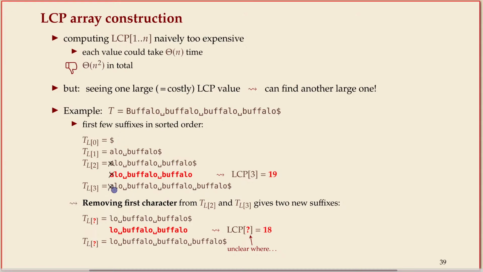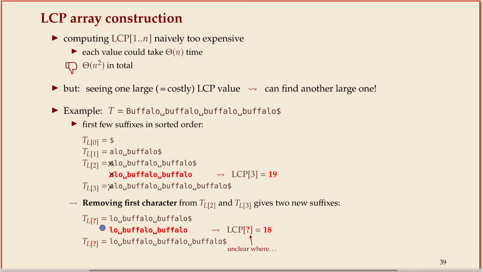If they were the same for the first 18 characters, then chopping off that first character means they share 17 characters. The tricky bit is just to find where does that 17 go. We know there's two suffixes that have a longest common prefix of 17, but which ones?